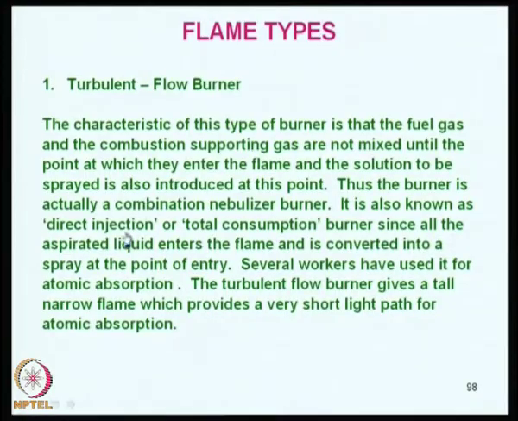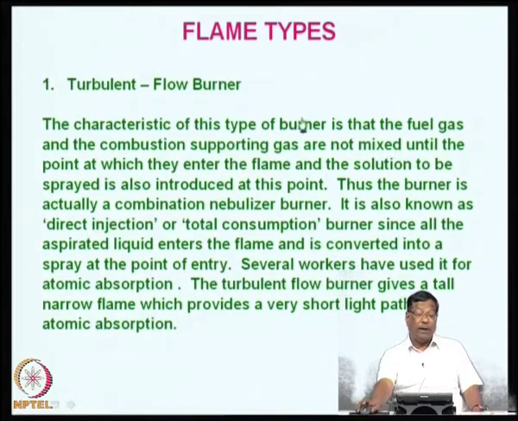So, the idea is to introduce everything into the burner and let the burner take care of the atomization, because the sample is also sucked near the end point of the capillary tube and enters the flame. Along with the fuel gas, the oxidizer is also entering.